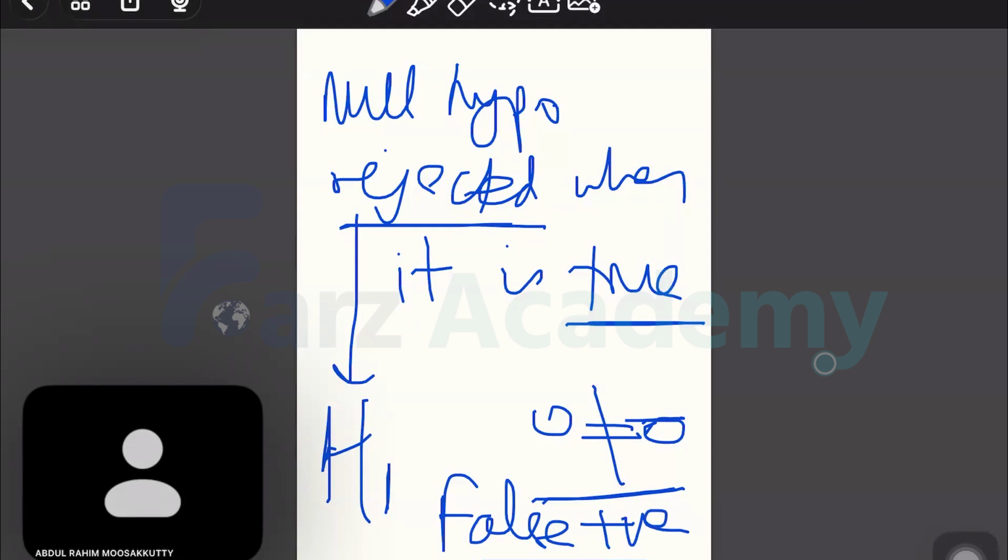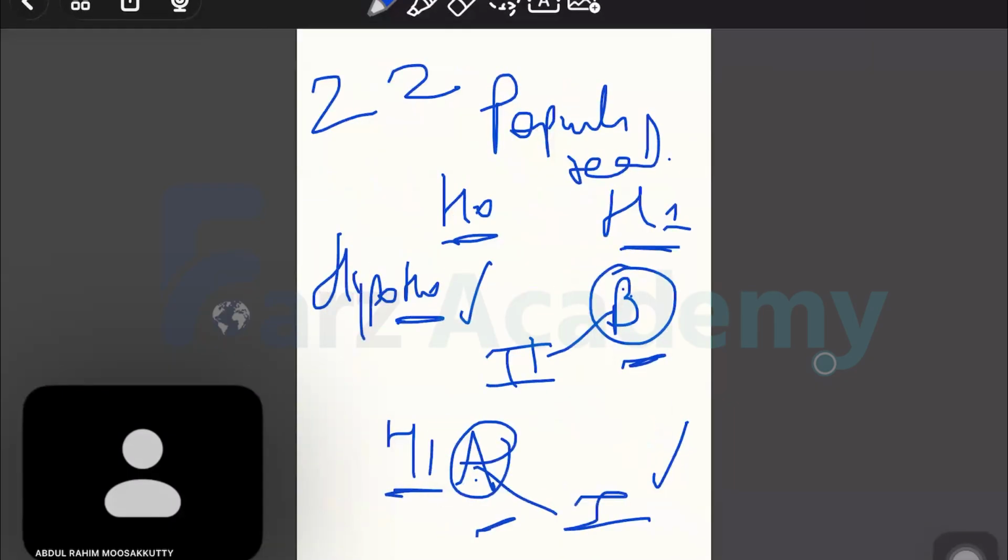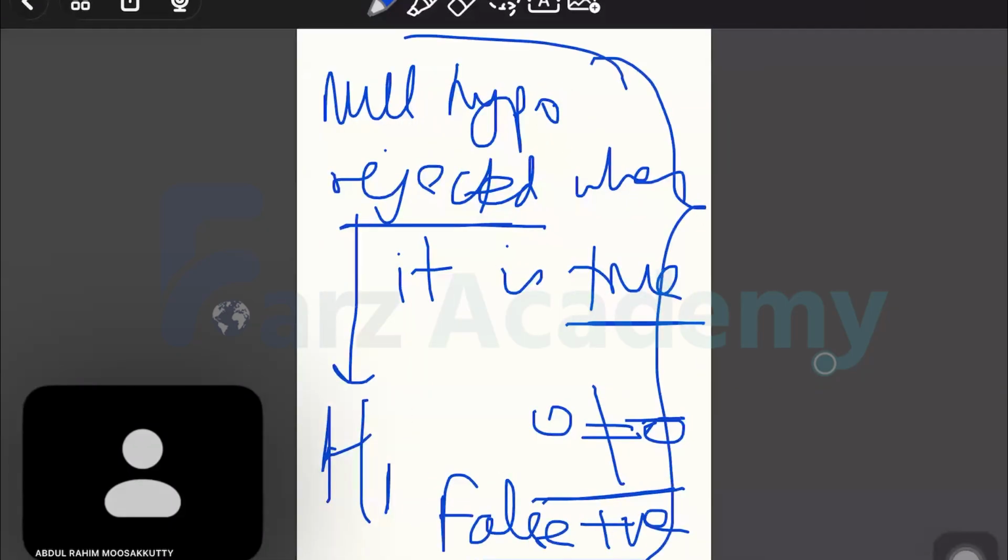Okay. Can you tell me now this? This is 1 or 2? Null hypothesis rejected when it is true.